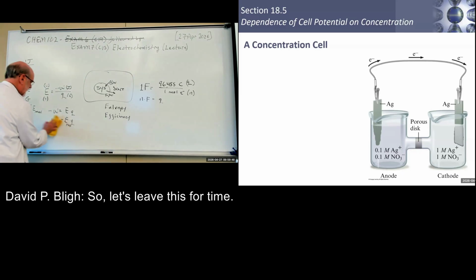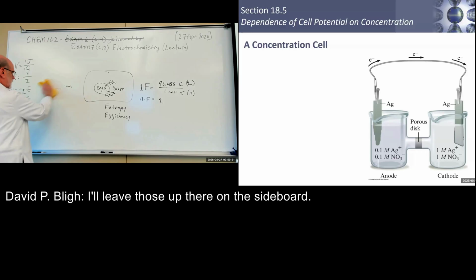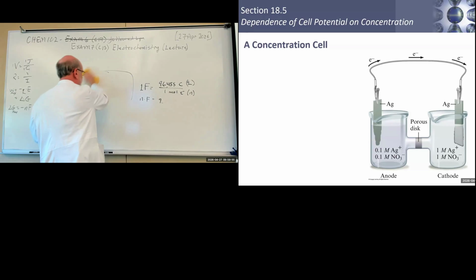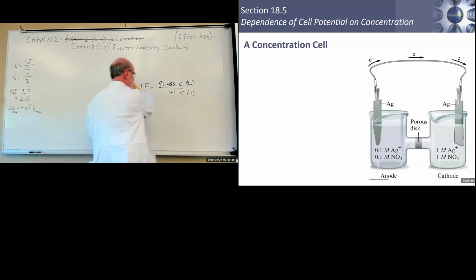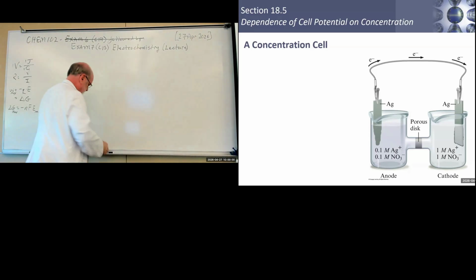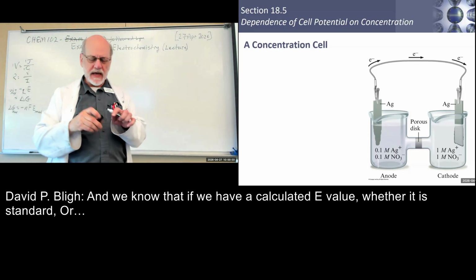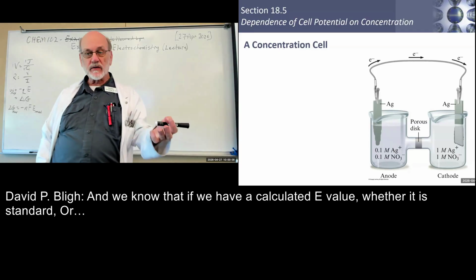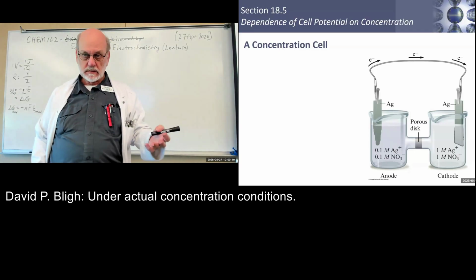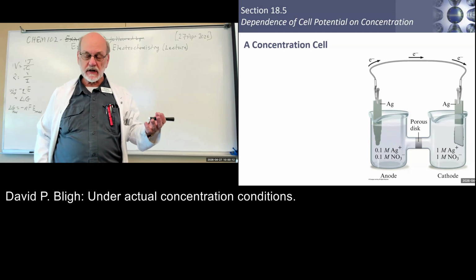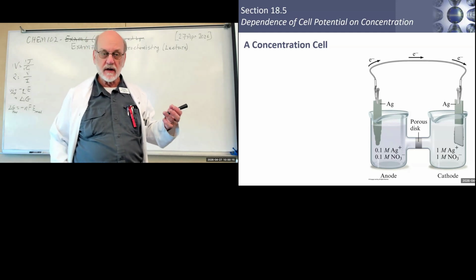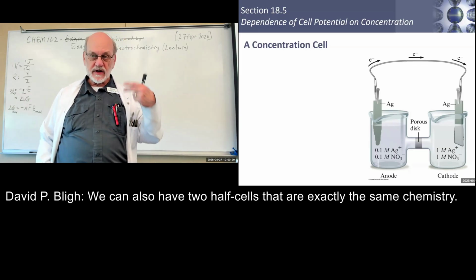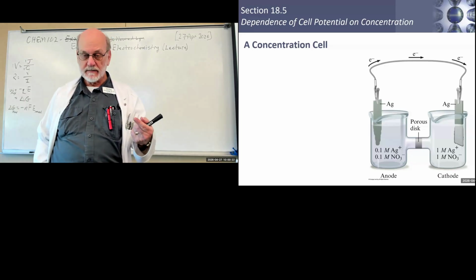So let's leave this for a time. I'll leave those up there on the sideboard. And we know that if we have a calculated E value, whether it is standard or under actual concentration conditions, we can also have 2 half cells that are exactly the same chemistry.